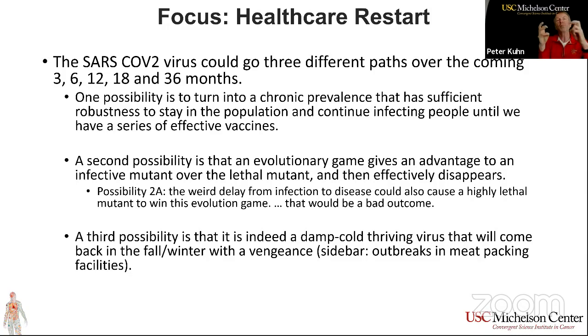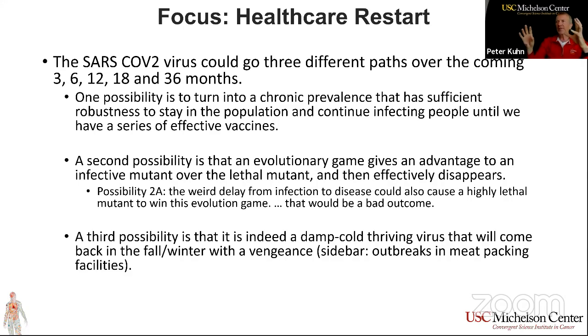The virus would much rather infect lots more people. But that hasn't really taken place yet, in part because of what Cyrus described in terms of this long lead-in time. There is of course this other possibility 2A, but that's a weird one. I think that's a bit out there.